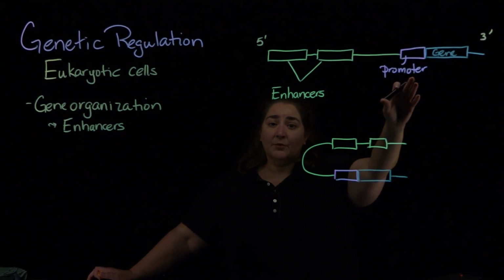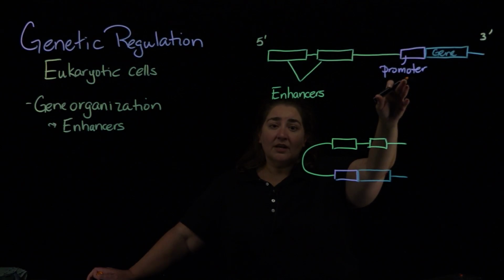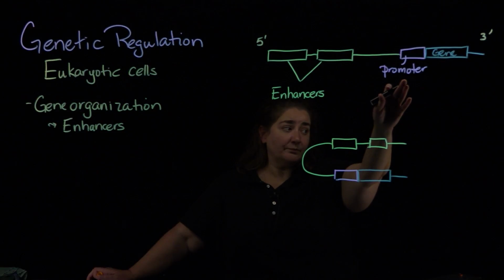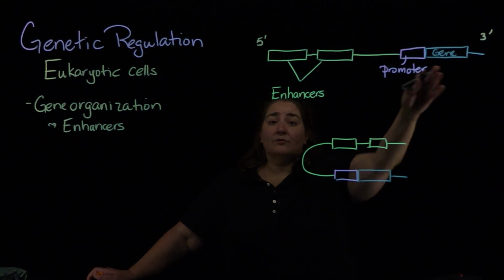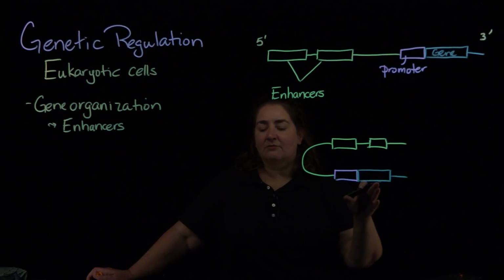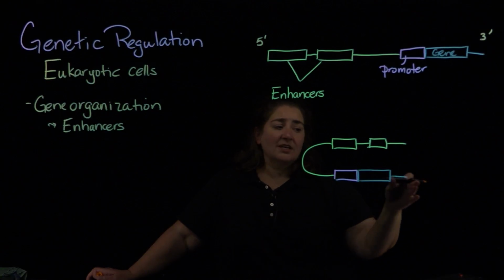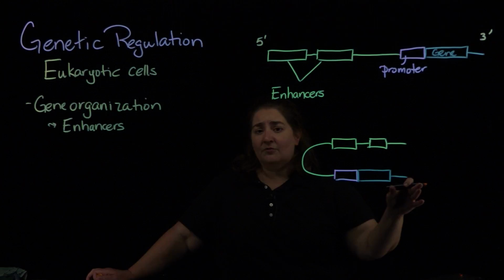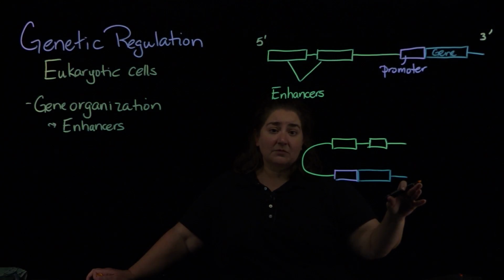We're still going to have a promoter associated with eukaryotic gene transcription. Just like our prokaryotic cell, the RNA polymerase is going to bind at the promoter, okay? And then we've got whatever our gene is. Now, in terms of eukaryotic cells, the genes aren't organized into operons. So the organization, you may have a gene that, for example, is involved in eye color next to a gene that is involved in making pancreatic enzymes, okay?